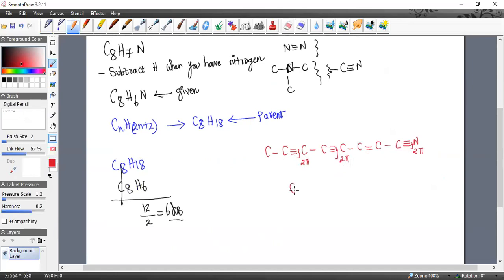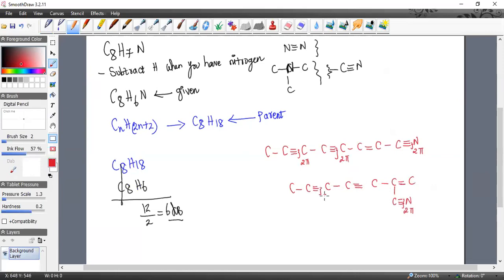You can also do it as, sorry, 7 carbons, and make one of them your substituent. Cn is your substituent. Now the nitrogen, I'm planning to attach it through the carbon. So I've already got 2 pi bonds here, and then I can put one more here. I will make this 4, and then I will put one here, and one here, and maybe make one of them a triple.